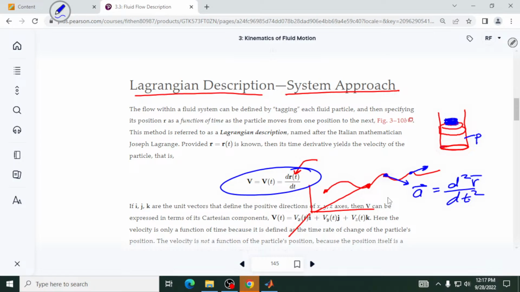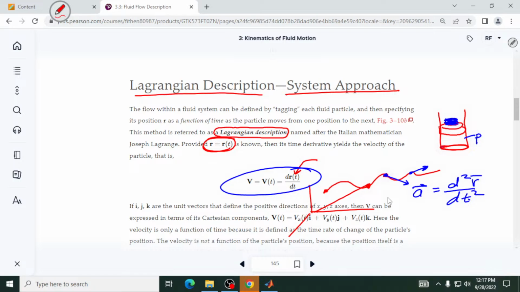Second derivative. Well, the derivative of the velocity. Yeah. And the key here is Lagrangian means that you're tracking the particle.